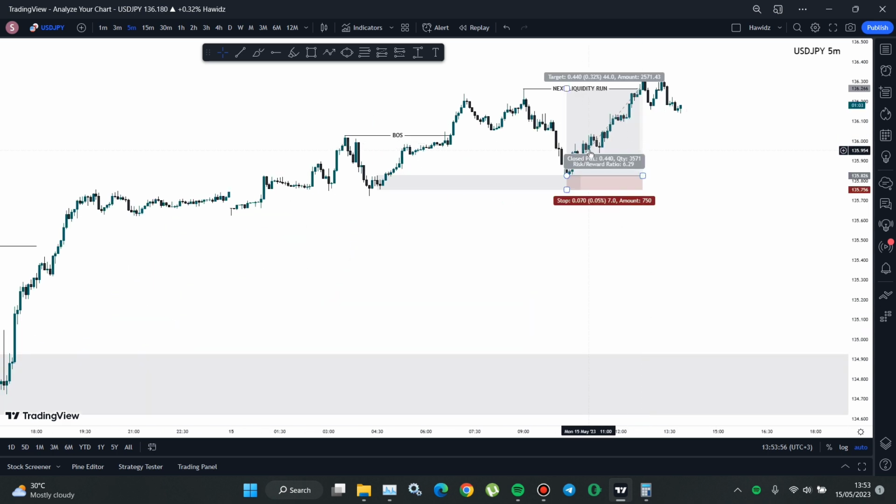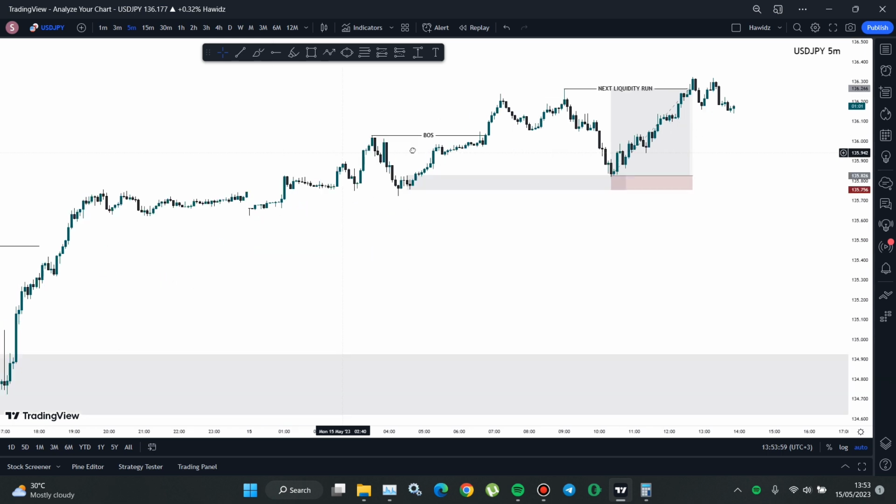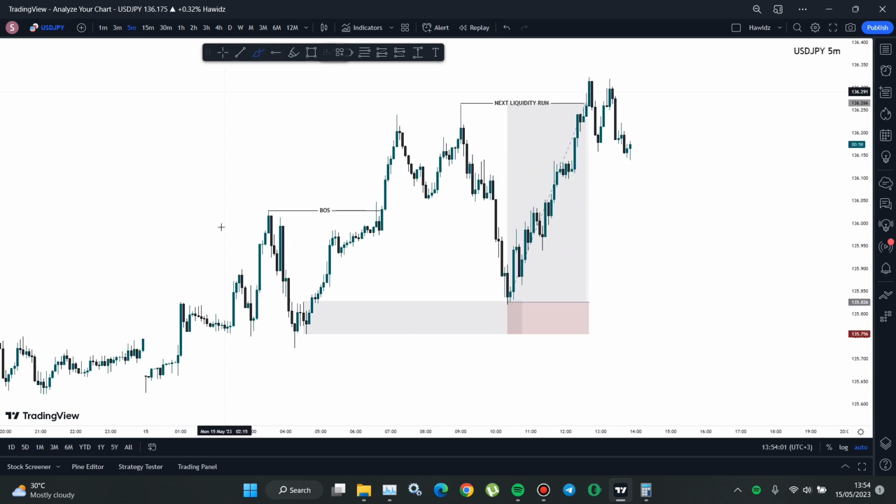So first and foremost, on UJ, right? So we've been bullish on UJ, right? So you can just see that we had the creation of this high here that came from this low here, and then price came out and took out this high, putting in this high here as a new high.